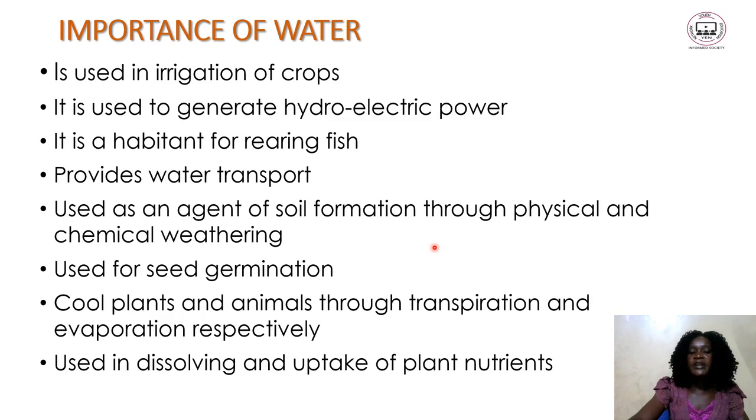So it will require water to dissolve those solid mineral salts from the soil so that the plant roots can easily absorb the nutrients. The plant roots can only absorb the nutrients if they are in soluble form. So we're saying that water is used in dissolving the mineral salts or plant nutrients so that those plants can easily absorb the nutrients.